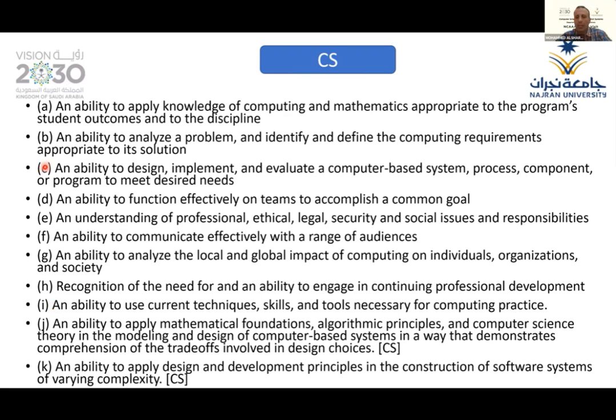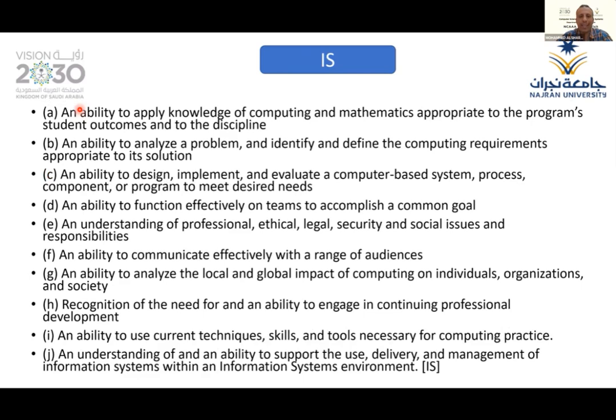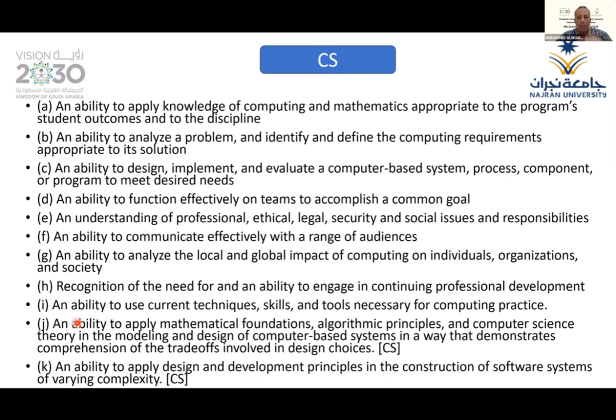This is IS, with 10 learning outcomes from A to J. From A to I are similar in CS and IS. The difference is that CS has 2 more learning outcomes, J and K, and J is different from the J in IS. This is CS. But for example, I or H is the same in CS and IS.